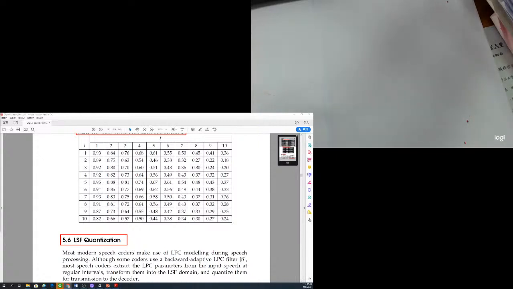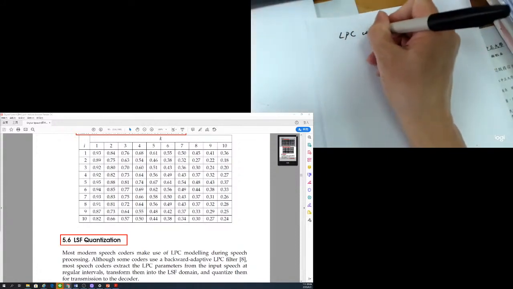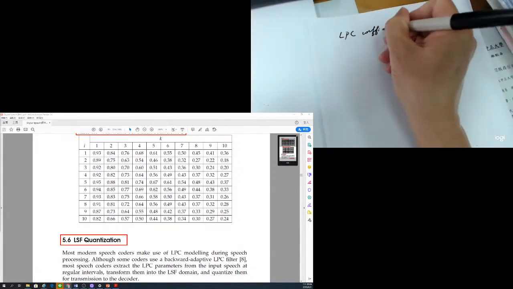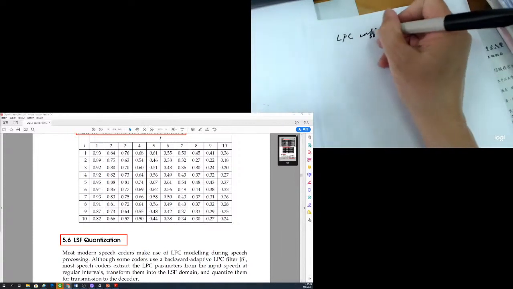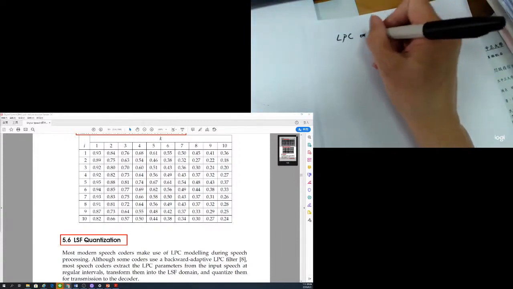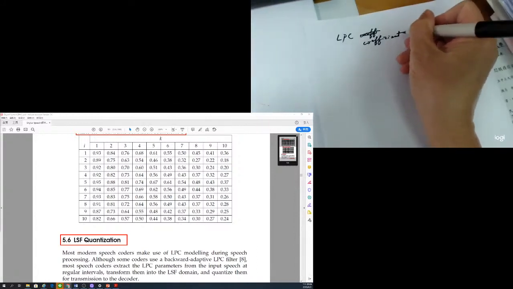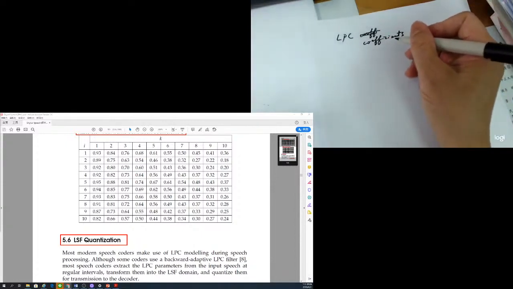So we already figured out what the line spectrum frequency is. We get it from the LPC, so we have LPC coefficients. This is our source filter model, which is a short-term prediction.